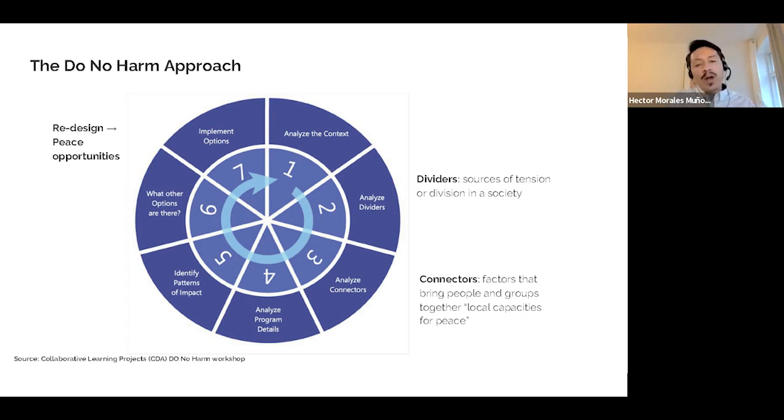So the do no harm approach could be not only preventing new conflicts from emerging, but also addressing the present conflicts through specific peacebuilding activities.